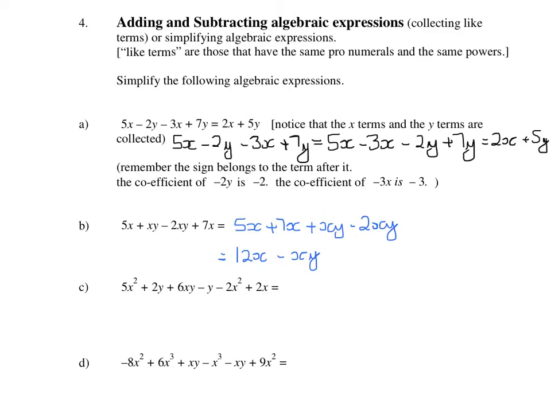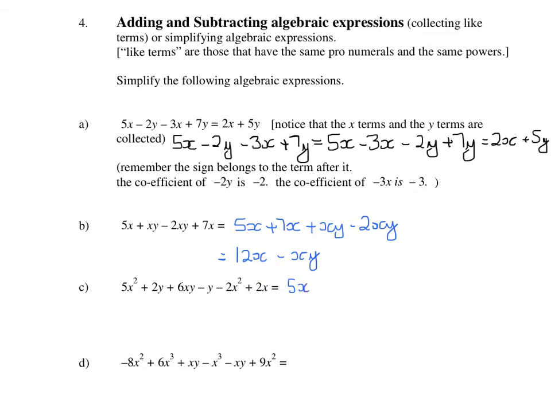For the next one, we've got an x squared term there and there, so we can gather those up. We've got a y term there and another y term there. We don't have any other xy terms except that one, and no other x terms except that one. So let's just gather up the like terms first.